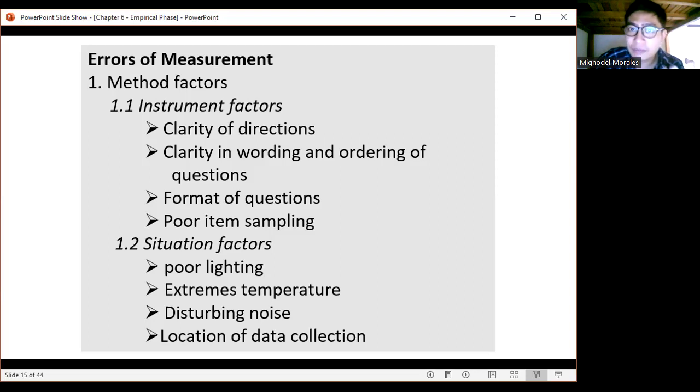That could affect the results of your interview, because they are irritated already. Thus, all of the answers will probably have an emotional effect on your questions. Disturbing noise, location of data collection. So these factors must be clear in your methodologies, no? So you must lessen the errors of measurement.